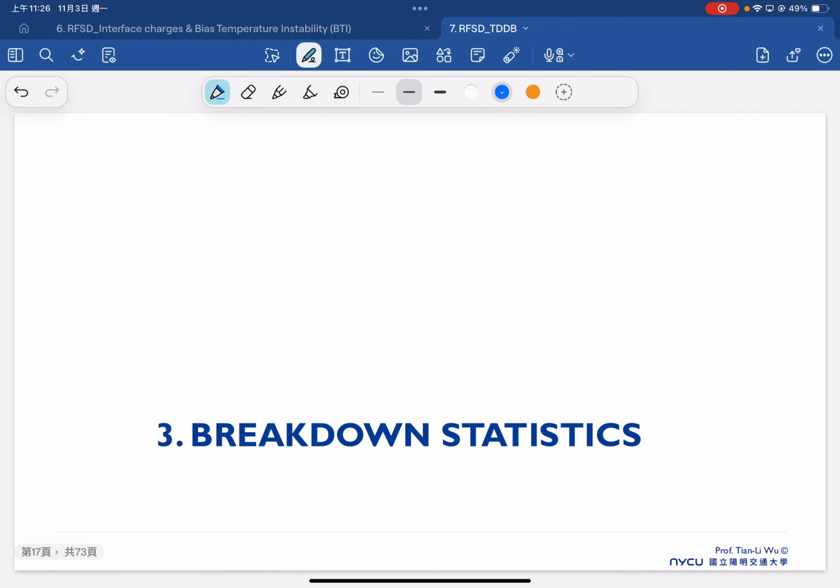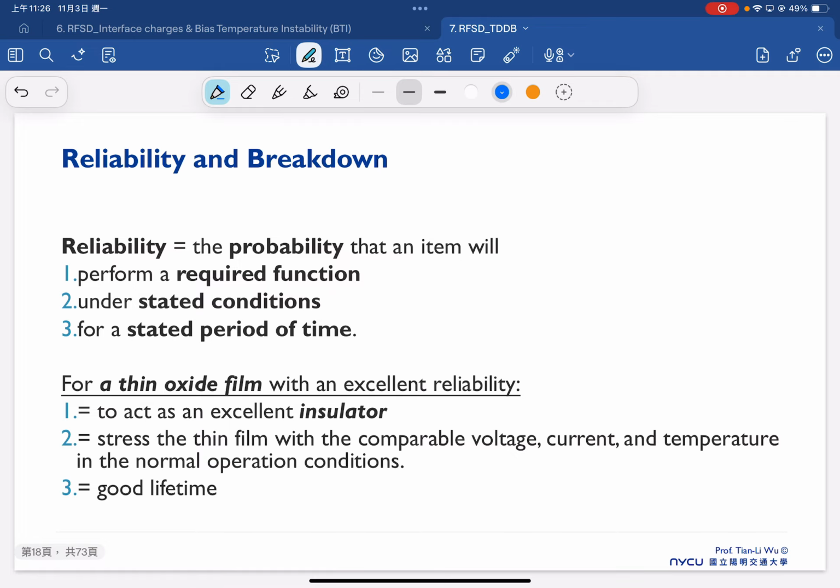Next we'll start to move to the breakdown statistics, and this will start to use certain knowledge that we have described before. As we said, reliability in the end is a consideration of probability.